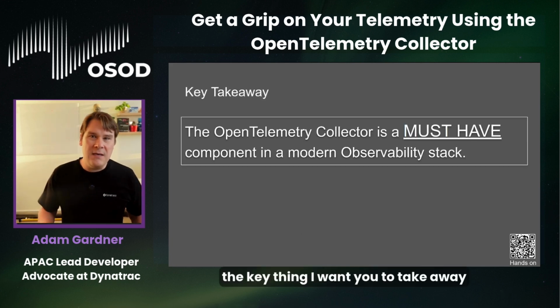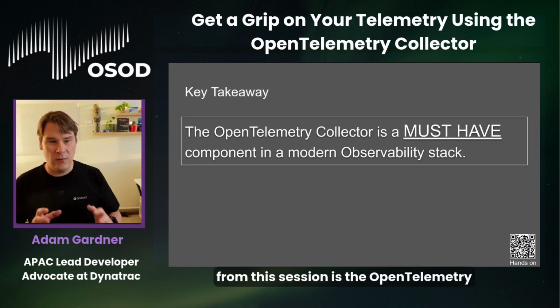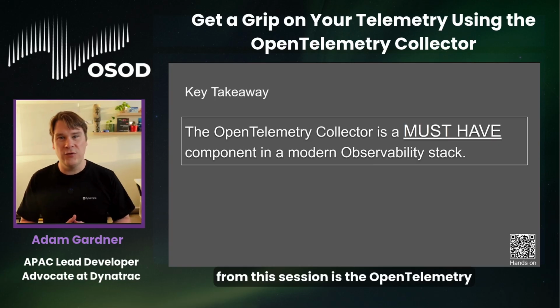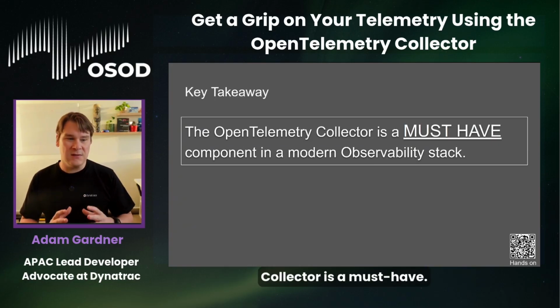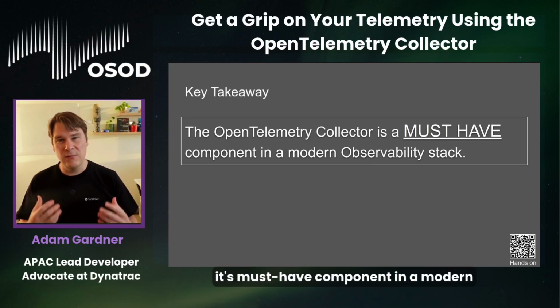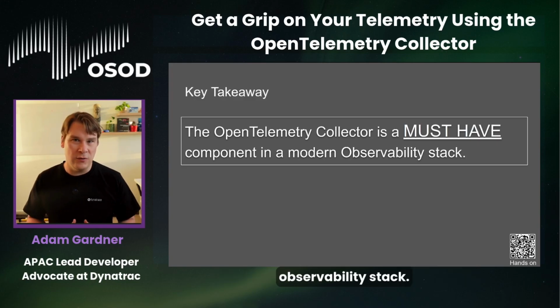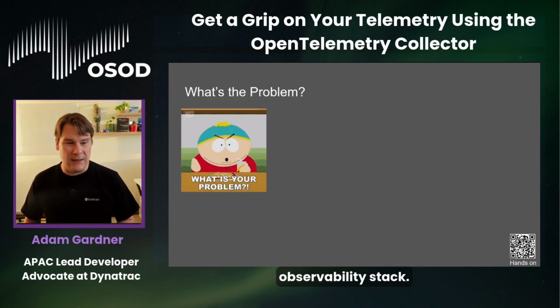So the key thing I want you to take away from this session is the OpenTelemetry Collector is a must-have, in my opinion. It's a must-have component in a modern observability stack.